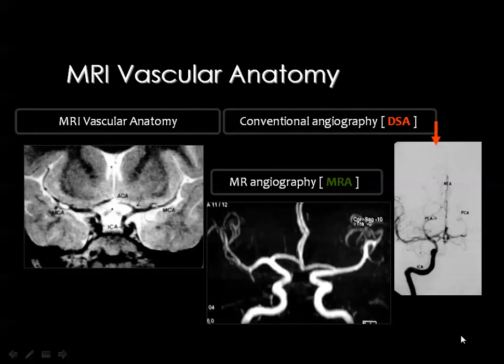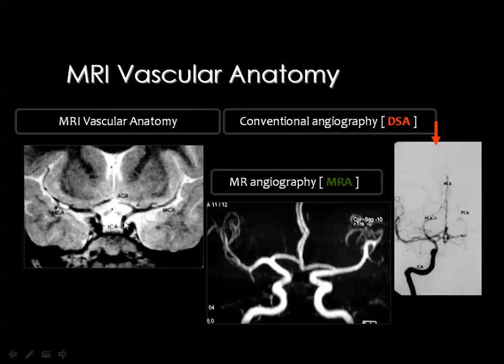You remember in the era before MRI, we used to examine the carotid circulation through the selective carotid angiography using the digital subtraction techniques, as you can see. But nowadays we can use the CT angio, we can use the MRI, like this image.